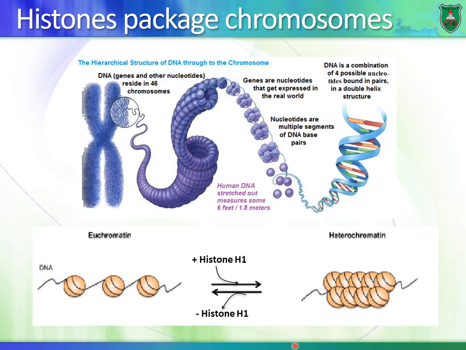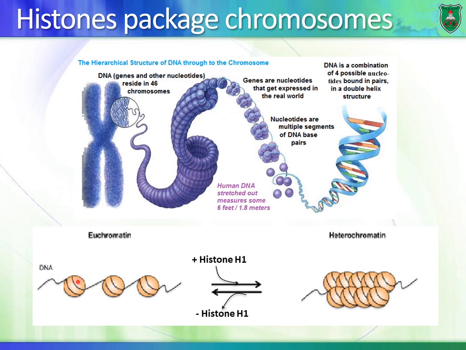Now, if the DNA is packed and highly compact, it is known as a heterochromatin. If you have the DNA loose, as what you can see in here, then it is known as a euchromatin.